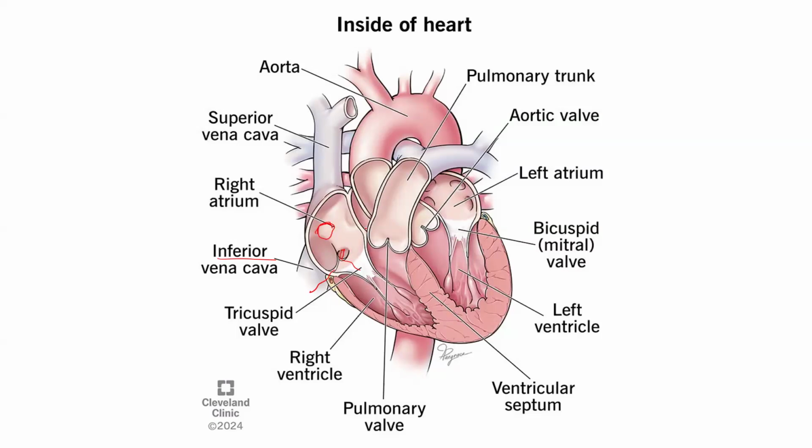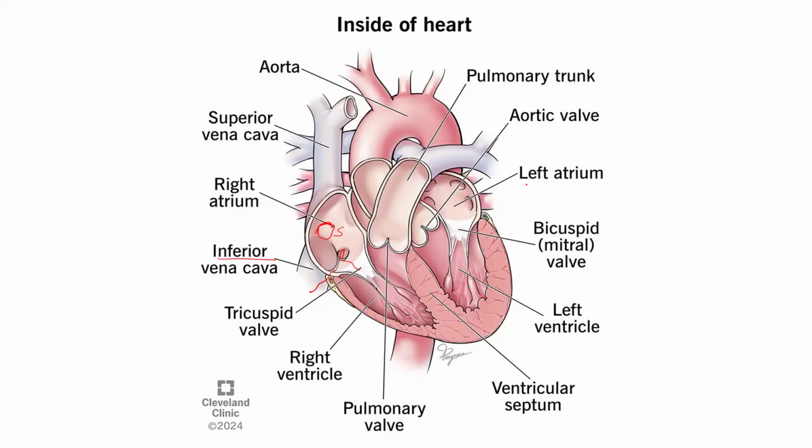Then that's the superior vena cava. This is the smooth part of the right atrium, the smooth posterior wall. You have a smooth posterior wall and a rough anterior wall. You need to remember this.